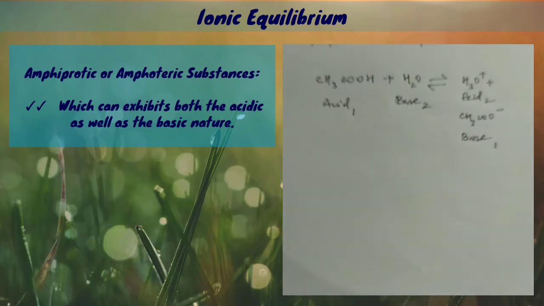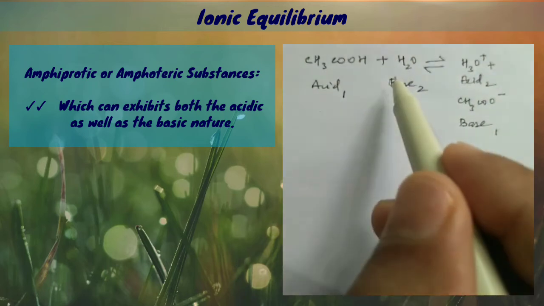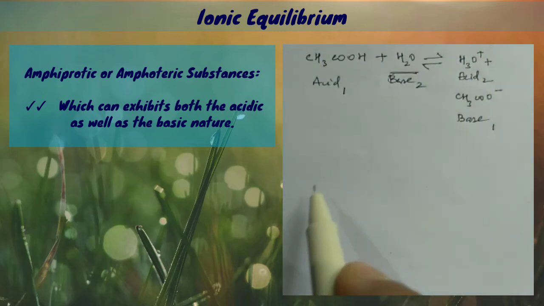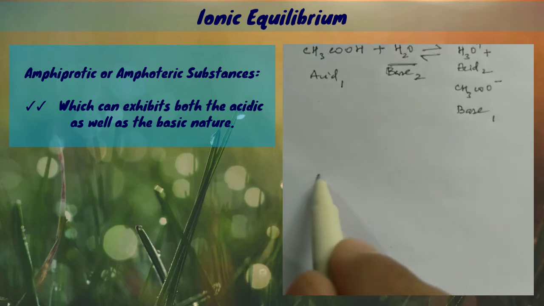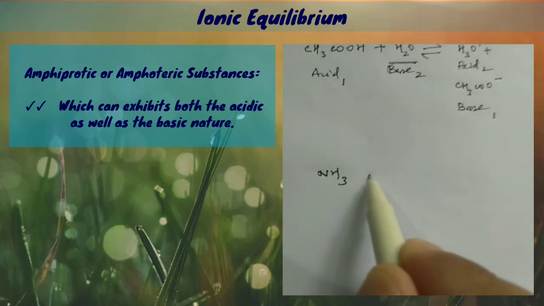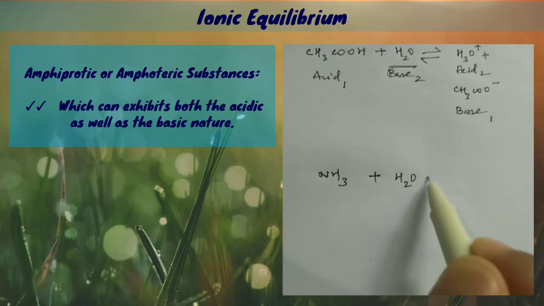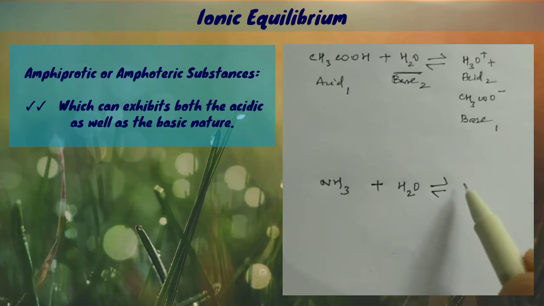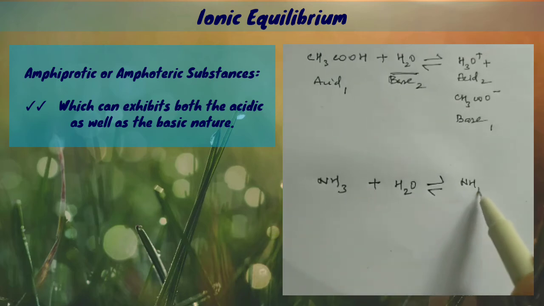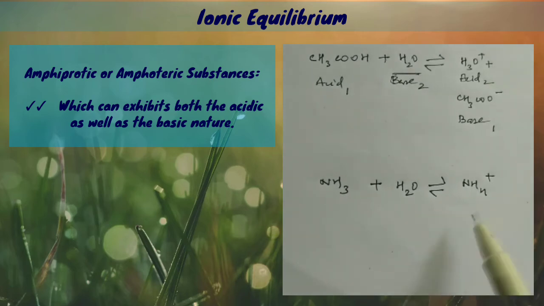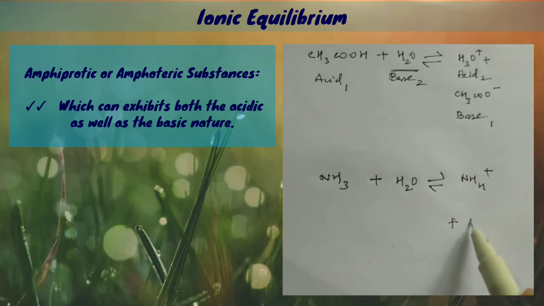Okay, the second, let's suppose this one is your base. Let's consider one more example, ammonia. Ammonia plus water. In this example the ammonia will give NH4 positive, ammonium, and it will give OH negative.